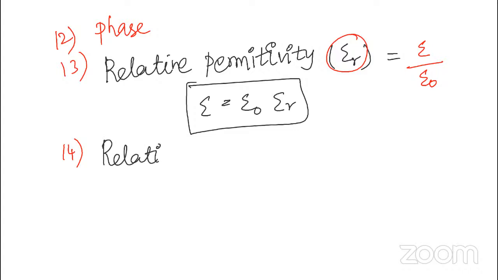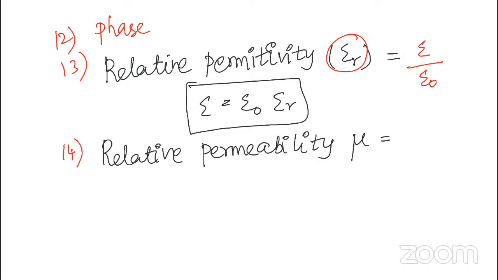Mu is equal to mu naught times mu R, so relative permeability is represented by the symbol mu R. Now tell me the formula for mu R. Mu R is equal to mu divided by mu naught.